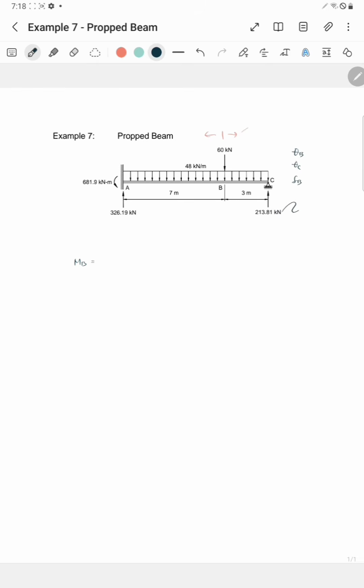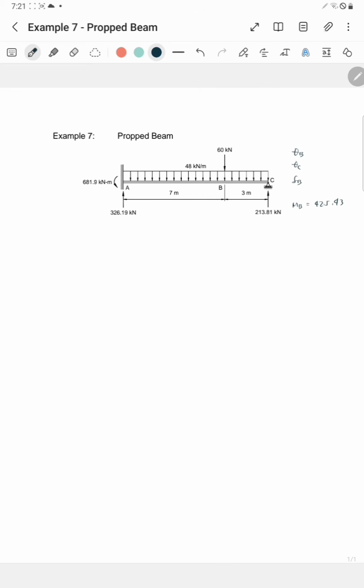So due to this reaction at C upward, positive 213.81 times lever arm 3. Then due to this uniform load, downward, negative 48 times 3, lever arm 1.5. So the moment at B is positive 425.43. Positive means moment at B is upward.